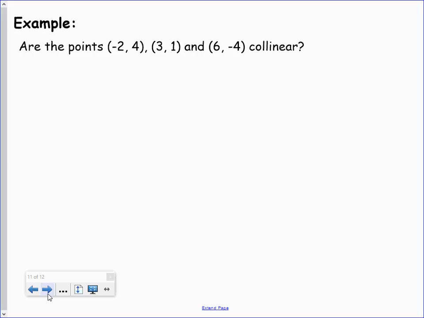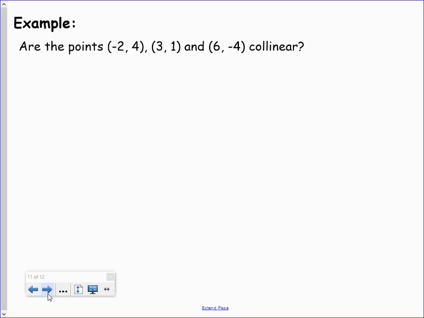Okay, so are these points collinear? Find the determinant with a 3 by 3 matrix. If the determinant equals 0, that would mean the area of the triangle for the 3 points would be 0, which means it wasn't a triangle at all. The 3 points were on the same line.